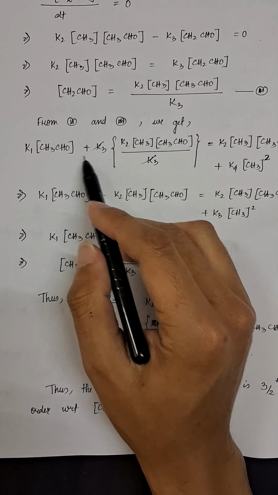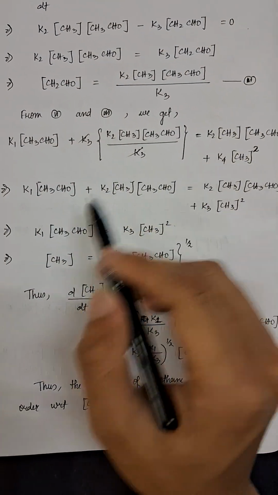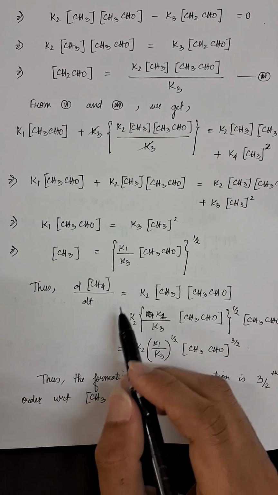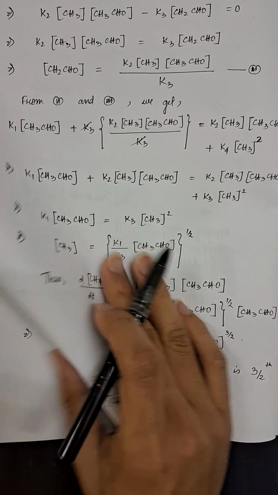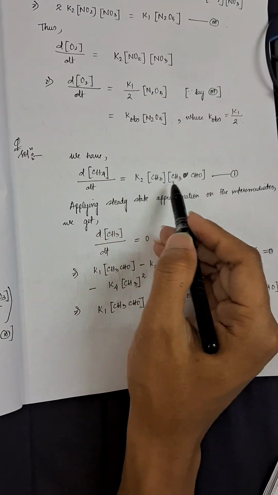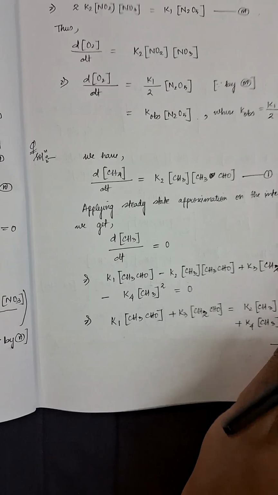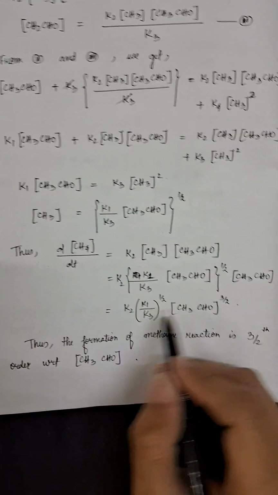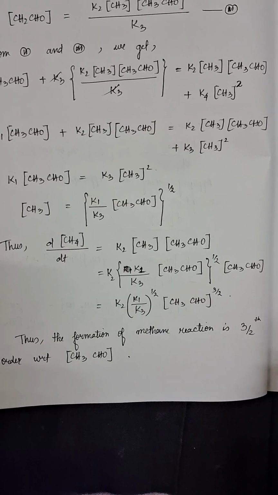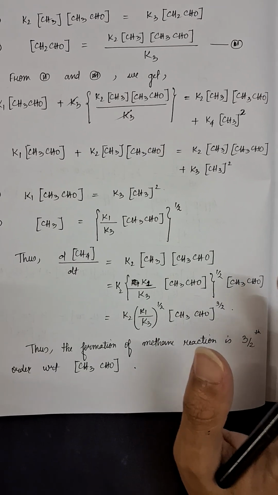Okay, and you solve it. At the end, you'll get the value of CH3. Then put this CH3 in the first equation which you have written, this one. Now here you write it, solve it, you get the equation.